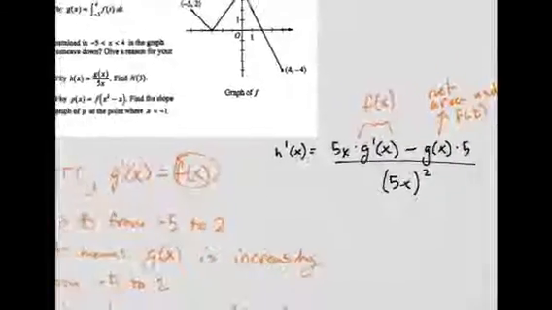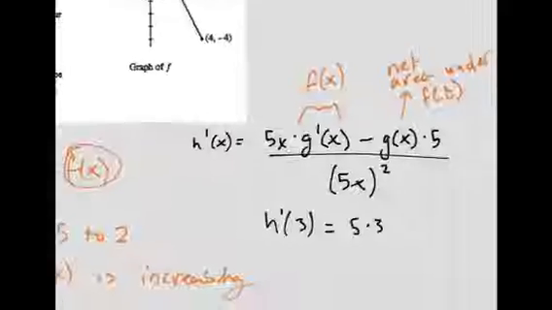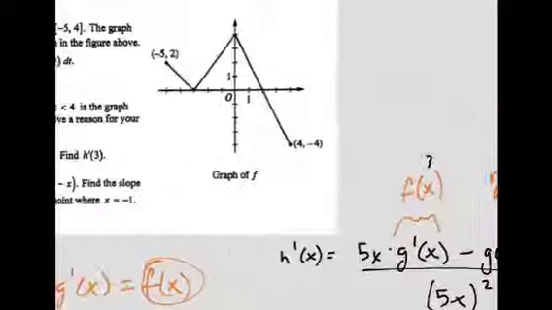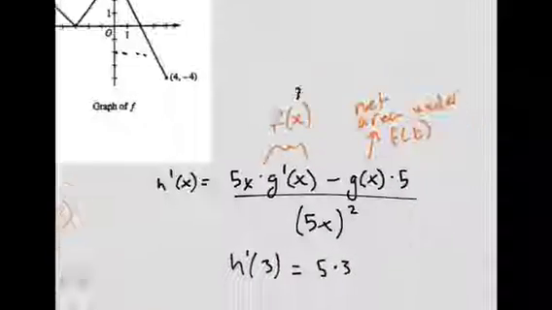So then I'm calculating that when I plug in 3, right? So h prime of 3 would be 5 times 3, that's there. And then g prime of 3, that's the same thing as f of 3. So f of 3 would be, 1, 2, 3, and then negative 2, I think.